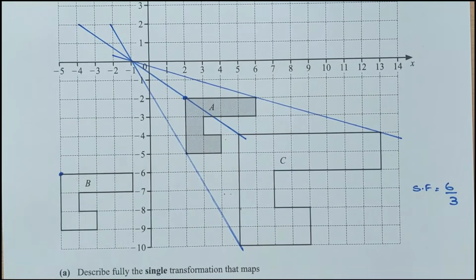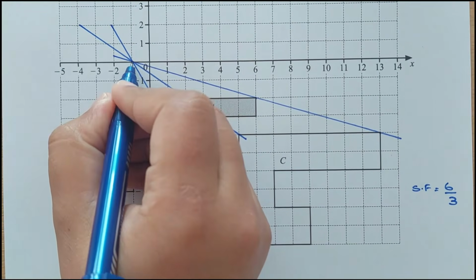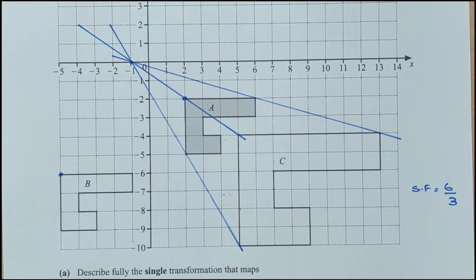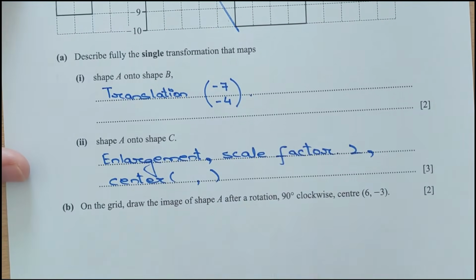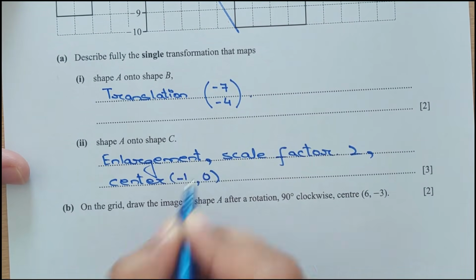You can see every time we connect the points, the lines pass through this point. When x is -1, y is 0. So the center of enlargement is (-1, 0).